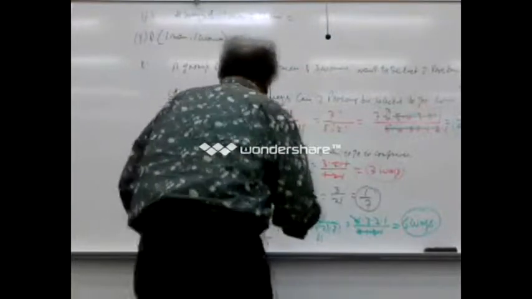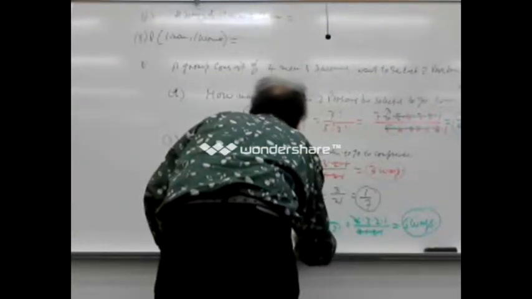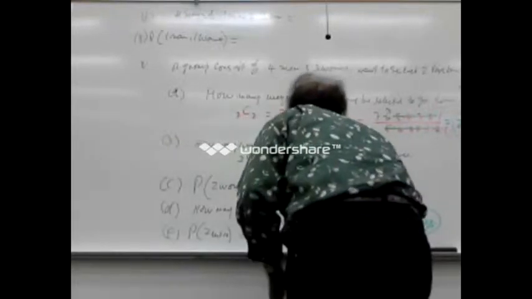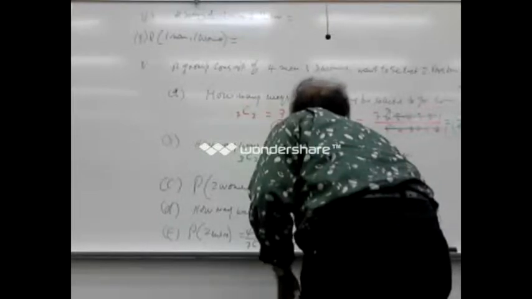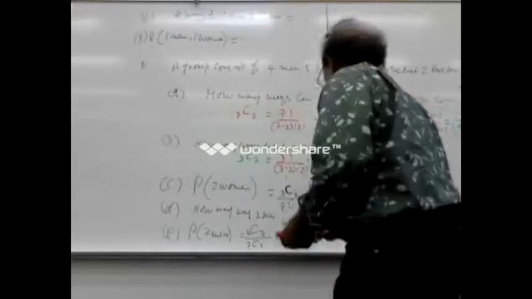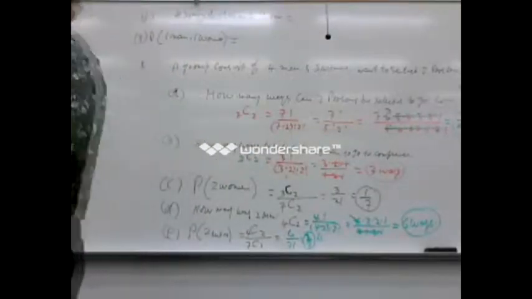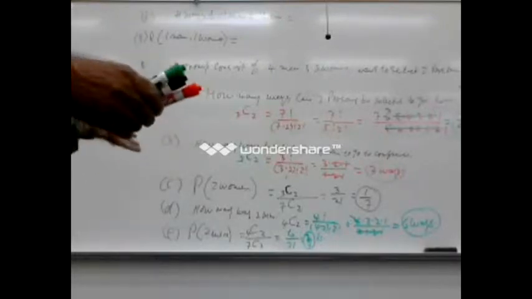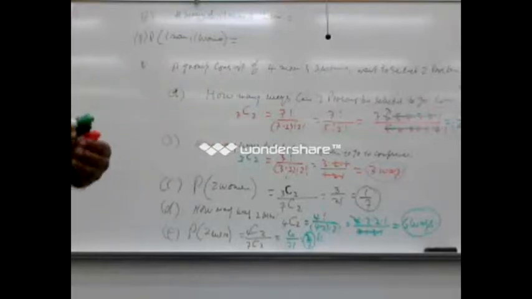And this is going to be equal to 6 ways over 21, and this is going to reduce to 2/7. 3 will go into 6 2 times, and into 21 7 times. So the probability, class, of selecting 2 men to go to the conference is 2/7.